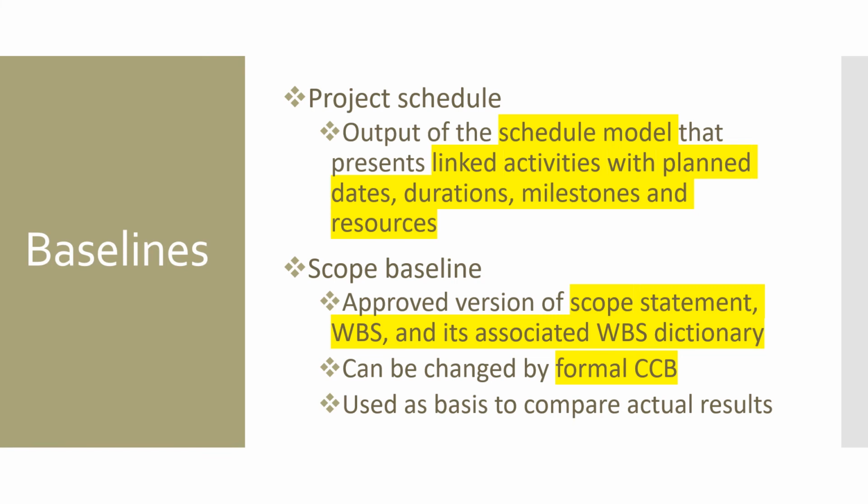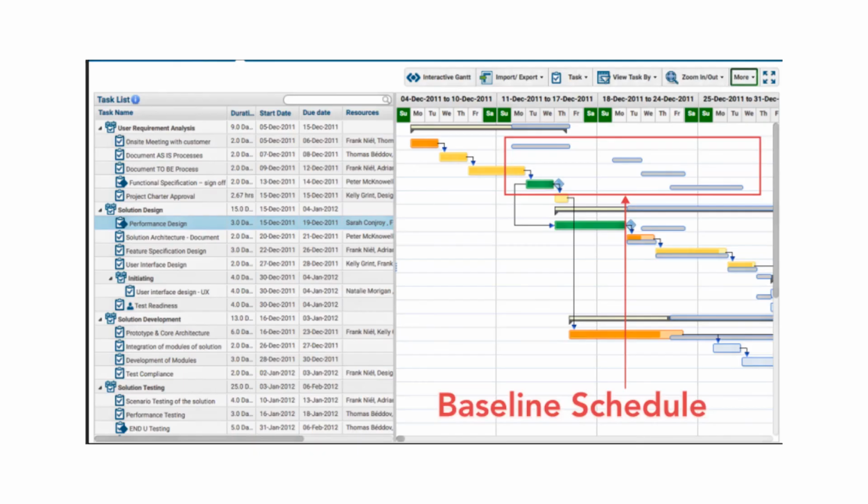The scope baseline can be changed only through a formal change control board. The scope baseline is used as a basis to compare the actual results. So let us look at an example of the schedule baseline and the scope baseline. This is an example of a baseline schedule. It talks about all the activities. It might have some of the milestones as well.